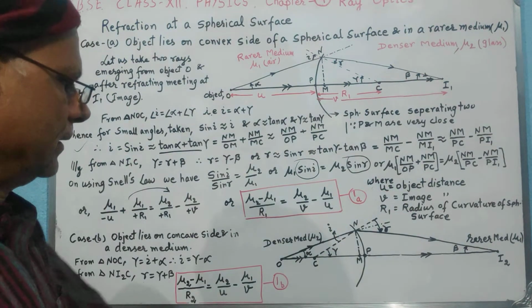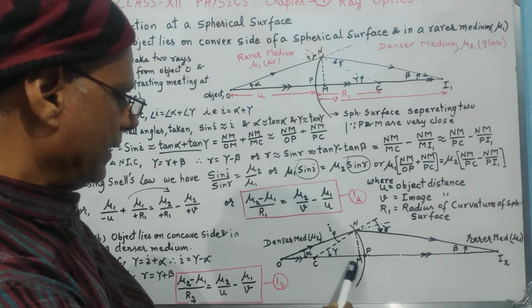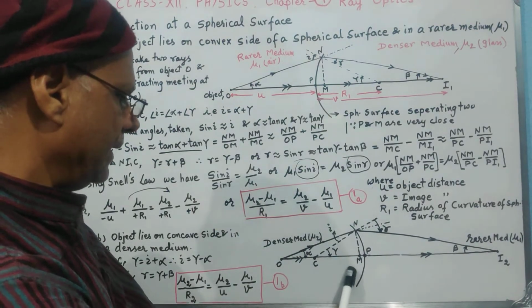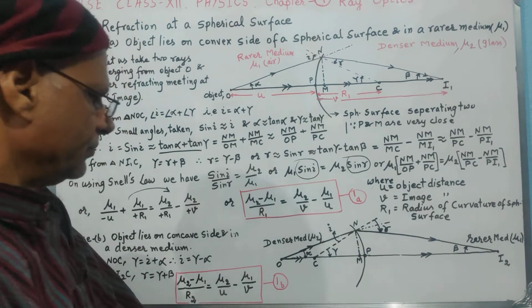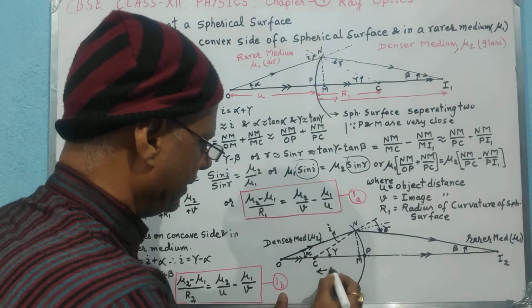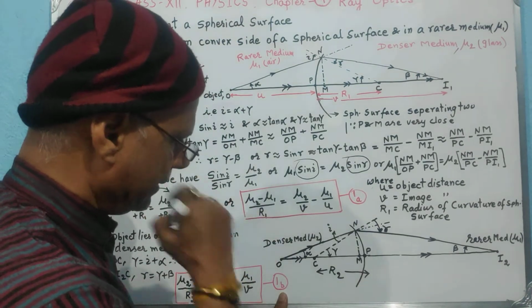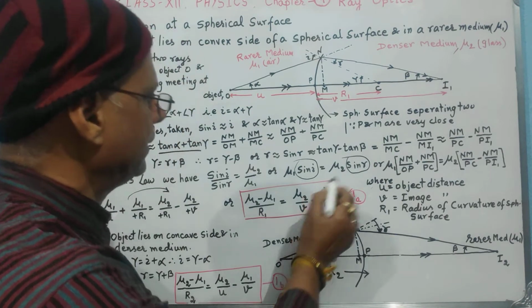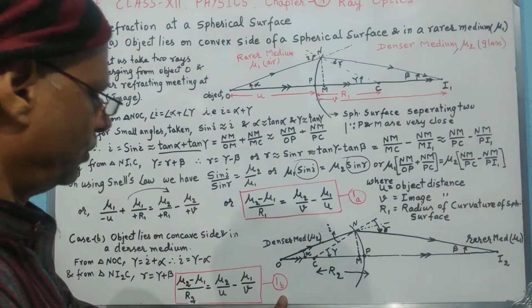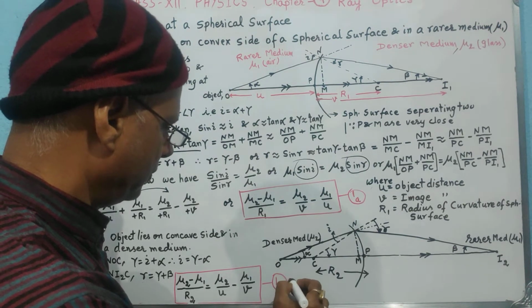For example, here u will be negative and the radius of curvature will also be negative. We have named this distance R2, and it will be negative, while in the previous case the radius of curvature was positive, and of course object distance is usually negative.